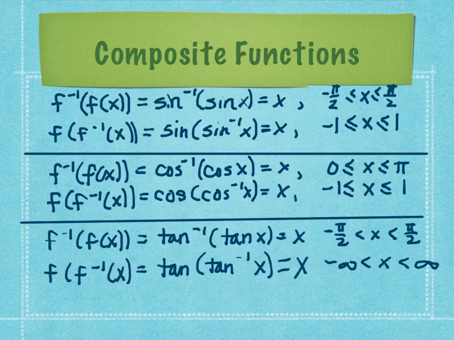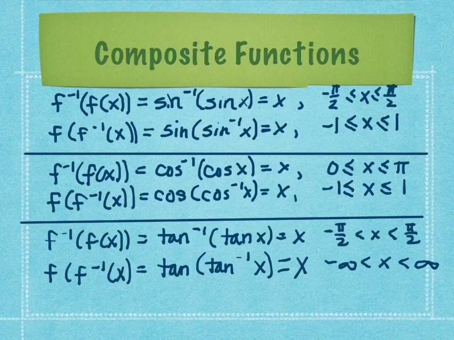The reason for that restriction is because the inverse sine is restricted to having those particular values. So when it doesn't, we don't have this relationship. They don't just cancel one another out. So you have to be careful with whether or not you're actually in the situation that it says you could be in.